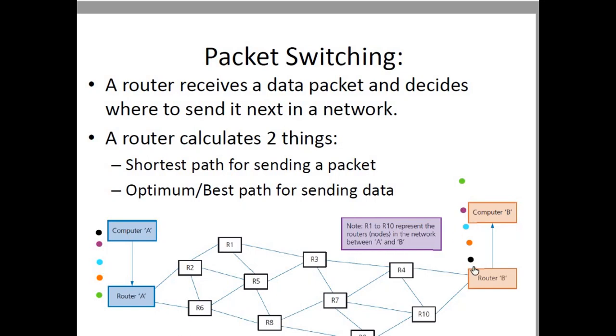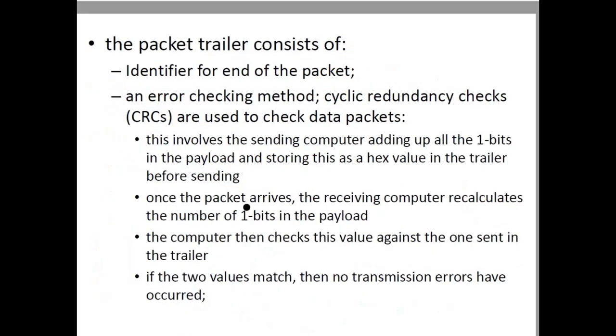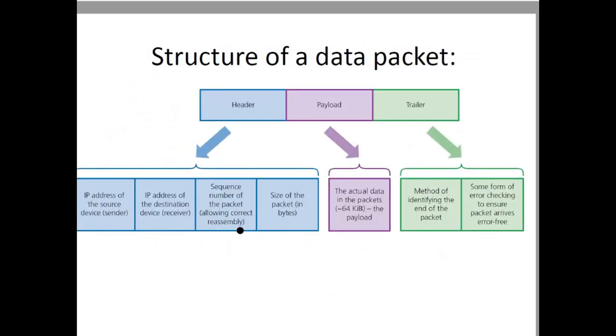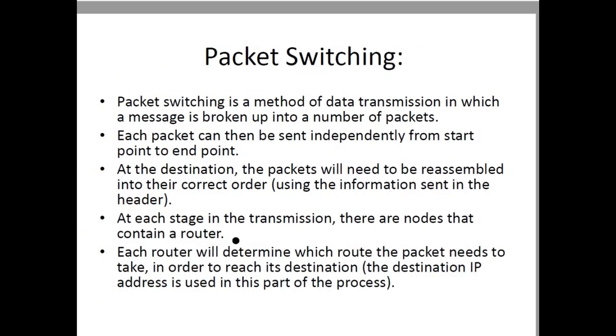So because each router decides where to send the packet, the packets can reach out of sync or out of order. The first one may reach at third position, or the last one may reach first, and so on. So it is the work of the router or the computer to reassemble all these packets, and for that they need the sequence number of the packet.